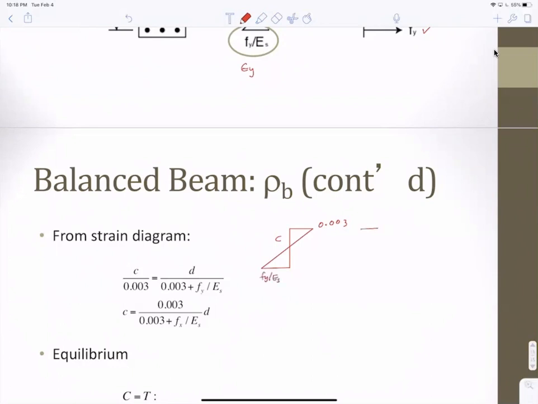The overall height is d. So d is the distance from the top of the beam to the center of the steel, which makes this distance here d minus c. So by similar triangles, c is to 0.003 as... Oh, we're going to do this triangle. Sorry.